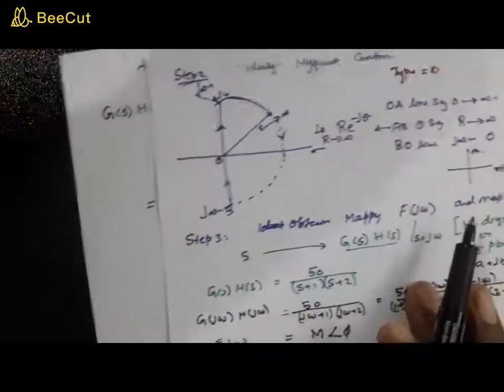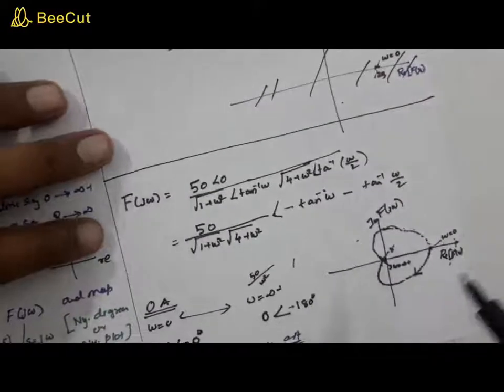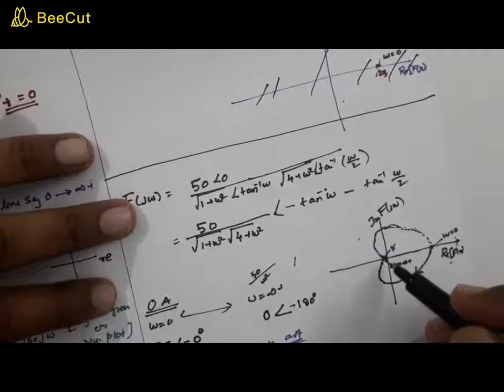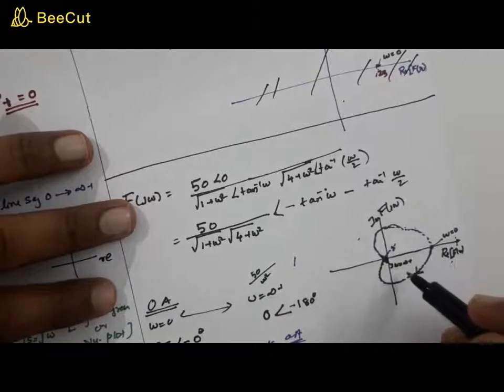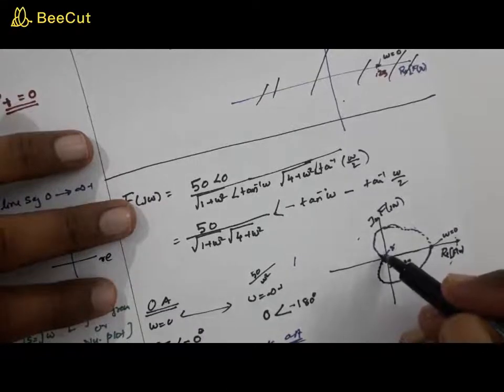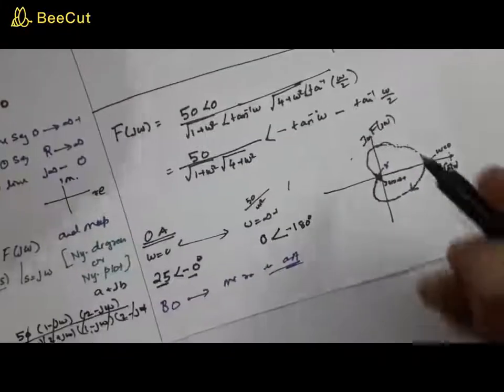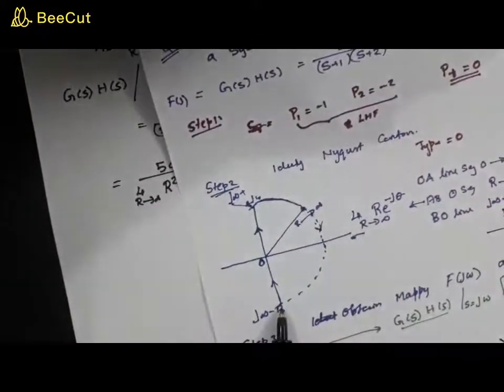In this plot, the point just below the origin is j infinity plus, and the point just above the origin is j infinity minus. So this circle has to come in between infinity plus and infinity minus. Anyway, that becomes a point.